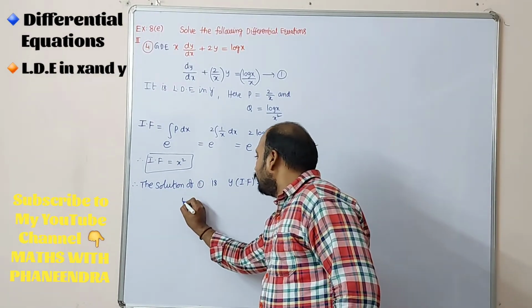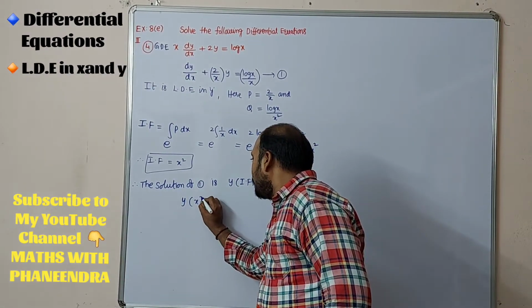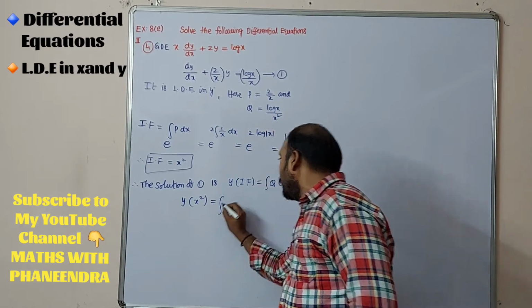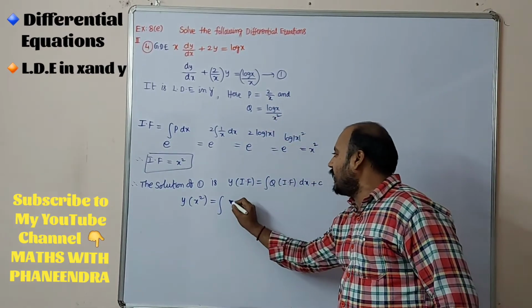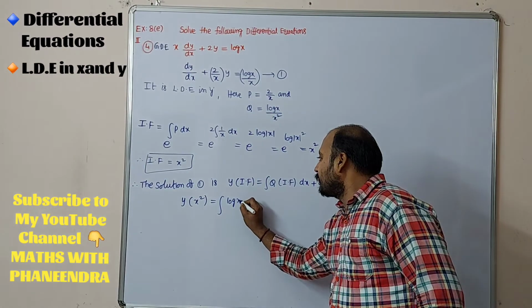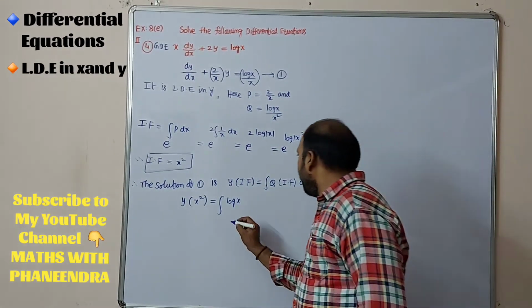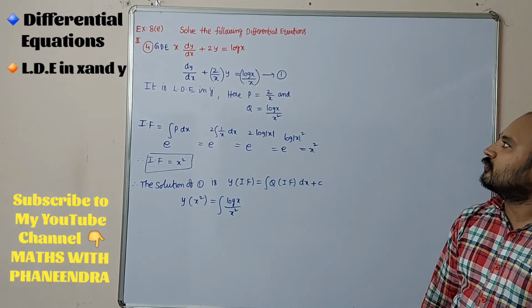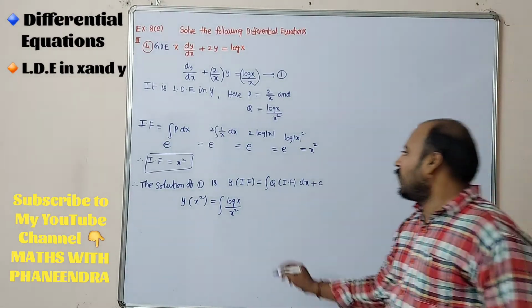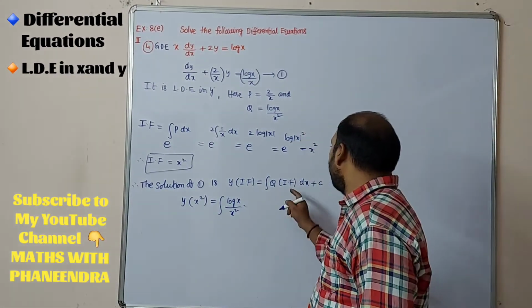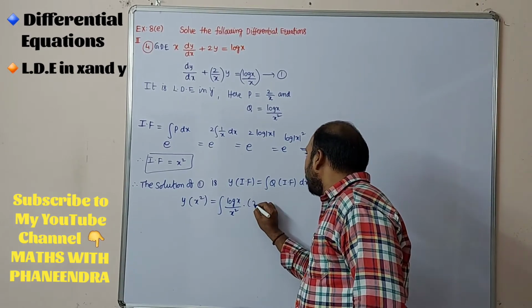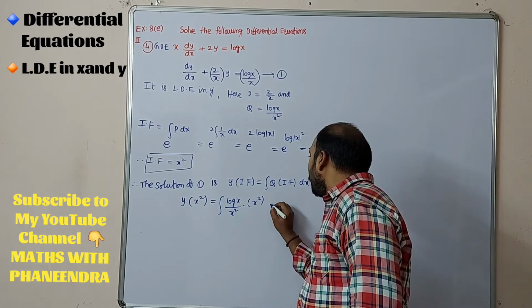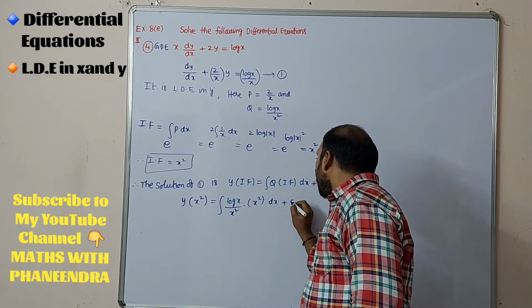So y into integrating factor x square is equal to integral q value, log x by x square, into integrating factor x square into dx plus c.